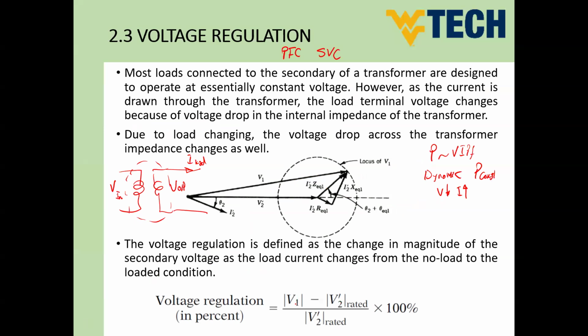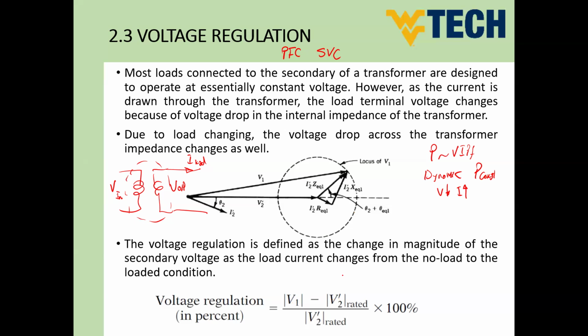So we can subtract V1 minus V2 prime, and divide by V2 prime. This would give you the percentage voltage regulation: V1 minus V2 prime divided by V2 prime. V1 can be calculated at any V2 prime.